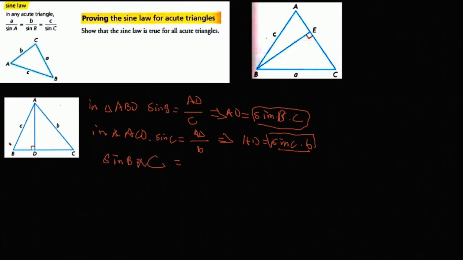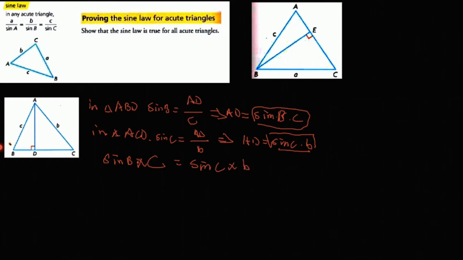So AD equals sin B times c, and AD equals sin C times b. So AD equals AD, right? So sin B times c equals sin C times b.